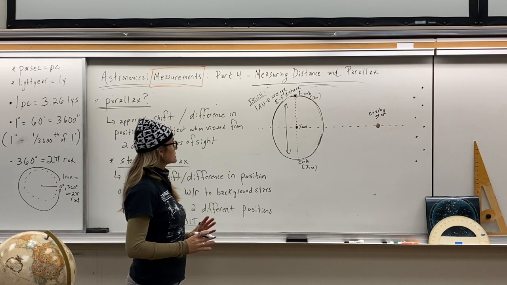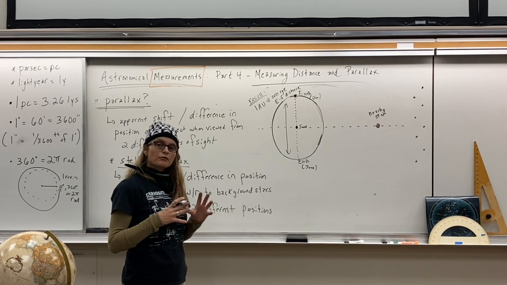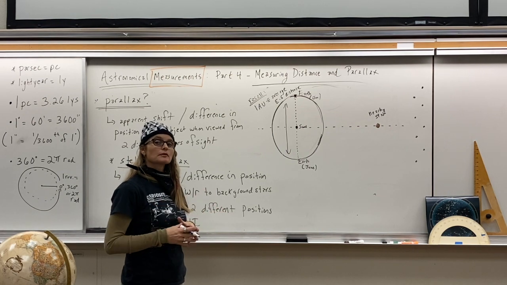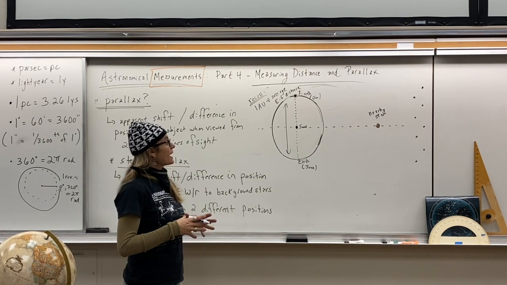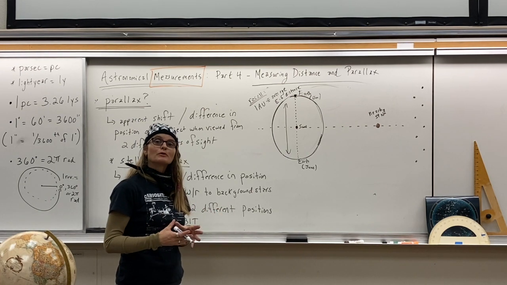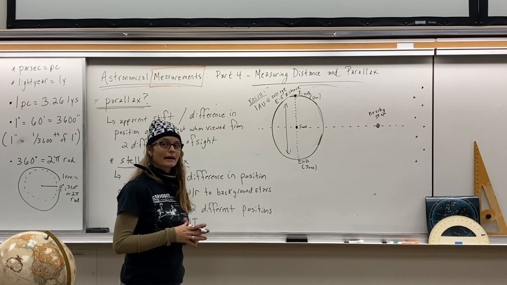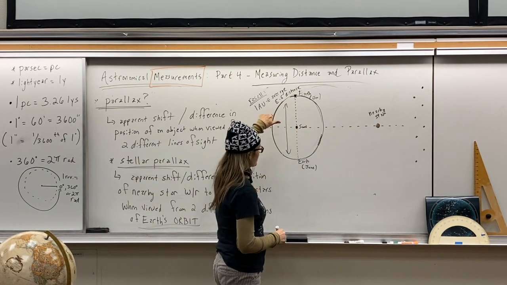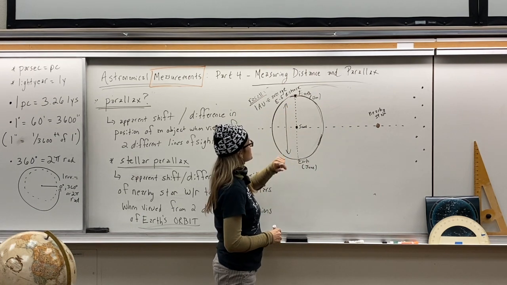Okay, so this is how we look at it from our orbiting around the sun and how we would make a stellar parallax measurement and how we get the equation that equates distance with this apparent shift angle that we'll look at. So the idea is we go around, it takes 365.25 days to orbit.